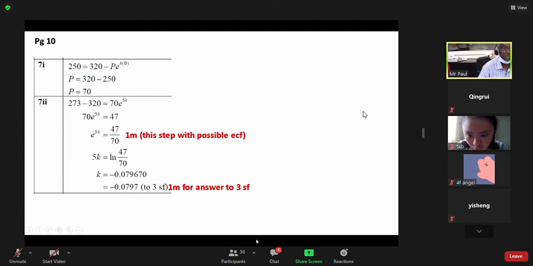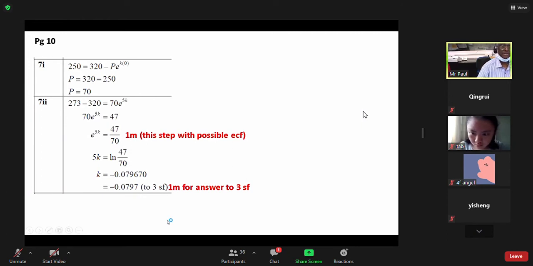Then now it's 2020. How many years is that? If you count, it is 5 years. I think some of you put 4. It's 5 years. If we count from 2015 to 2020 is 5 years.